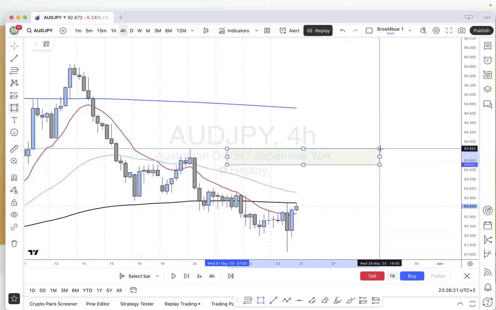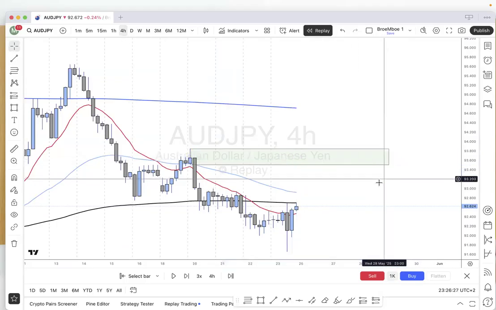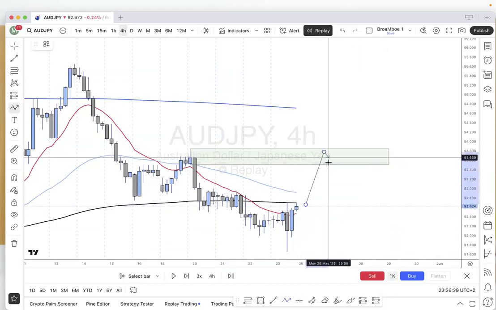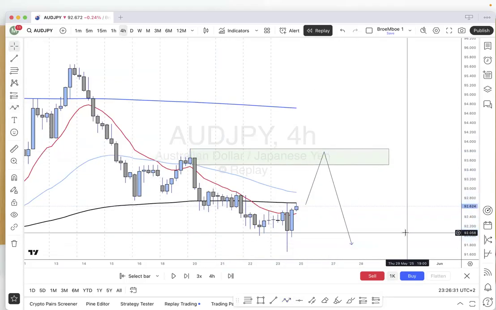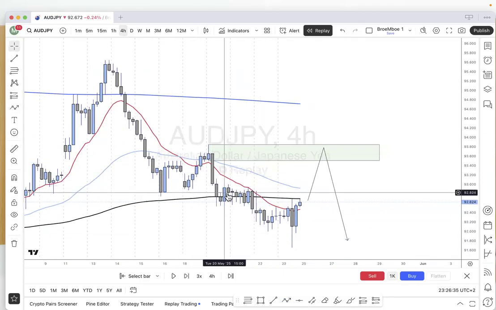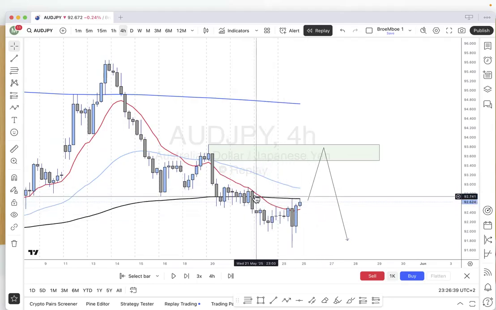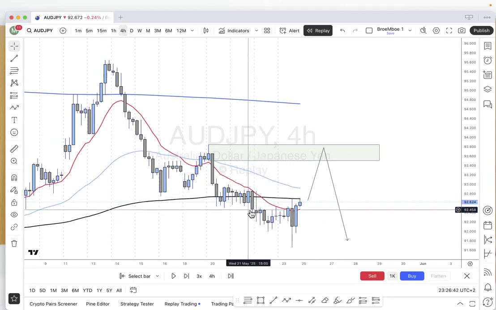We might pull back to that area before we sell. Why? Because anywhere else here, there is nowhere where I'm really seeing price push back to, because this was all but a consolidation.